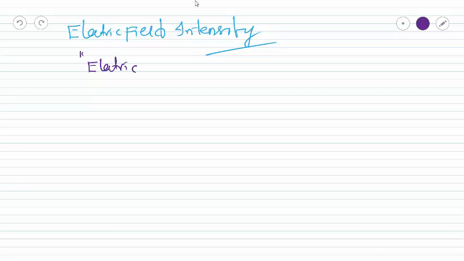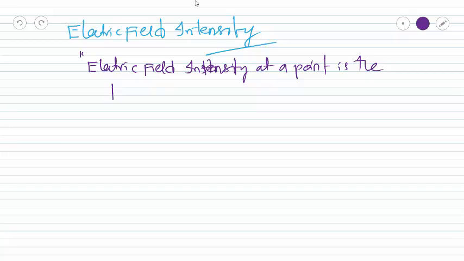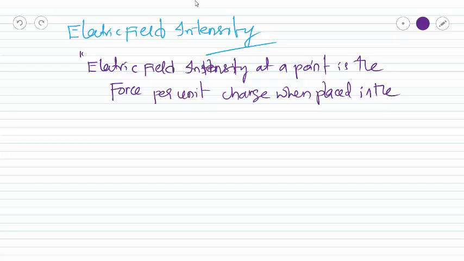Electric field intensity at a point is the force per unit charge when placed in the electric field.